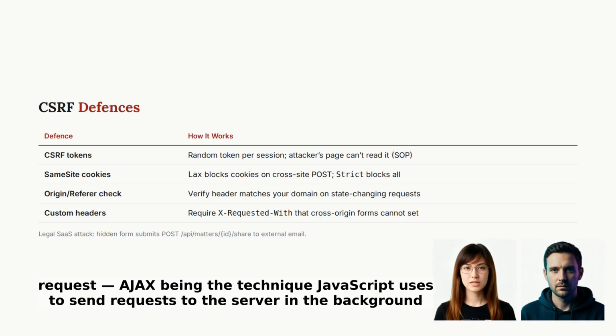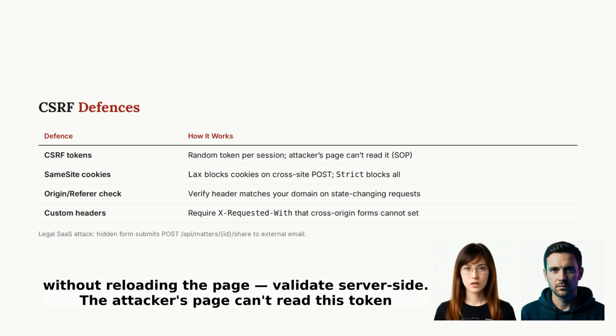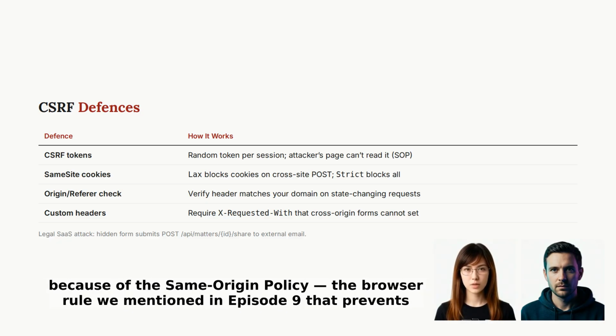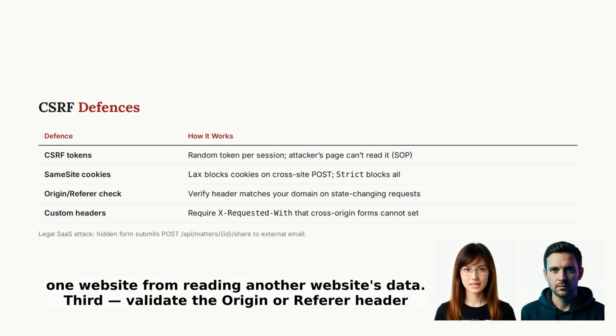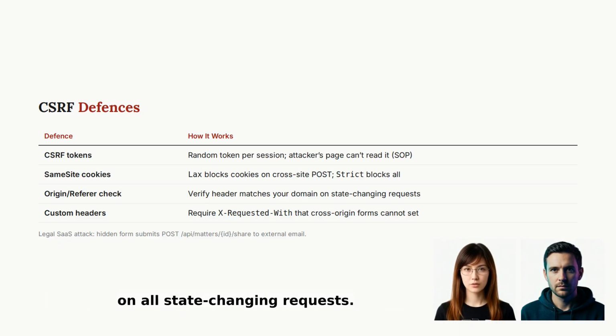AJAX being the technique JavaScript uses to send requests to the server in the background without reloading the page. Validate server-side. The attacker's page can't read this token because of the same-origin policy, the browser rule we mentioned in episode 9 that prevents one website from reading another website's data. Third, validate the origin or referrer header on all state-changing requests.